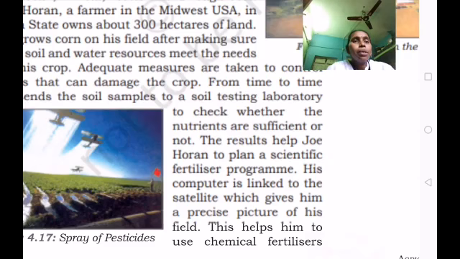The results helped Joe Horan to plan a scientific fertilizer program, after observing how much fertilizer they have to use for the land. His computer is linked to the satellite, which gives him a precise picture of his field.